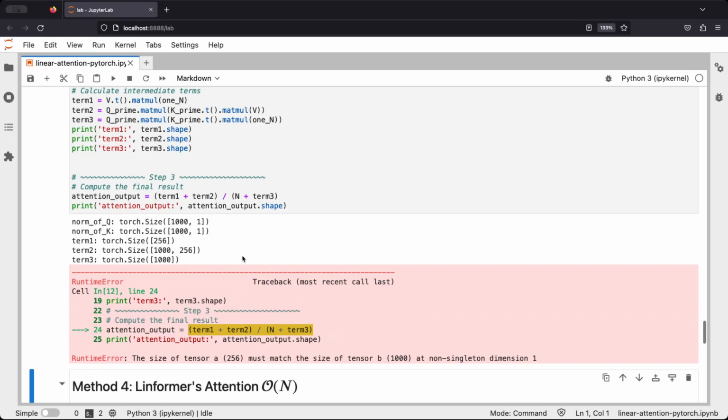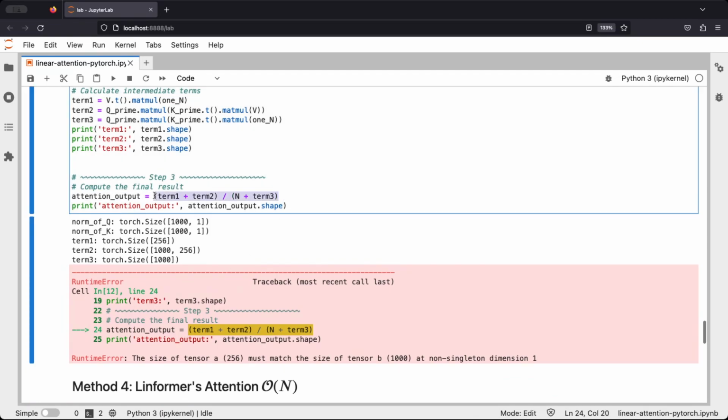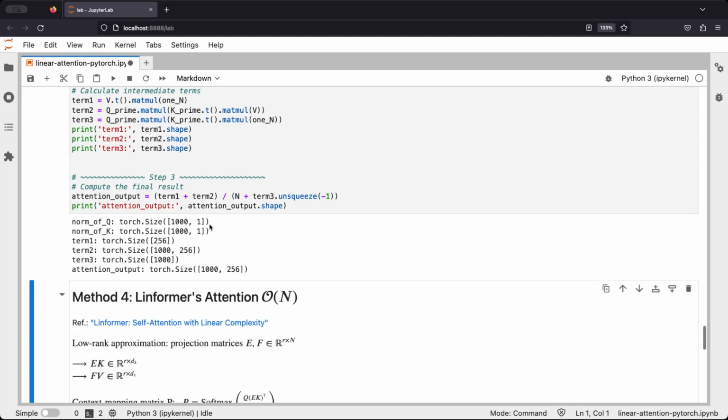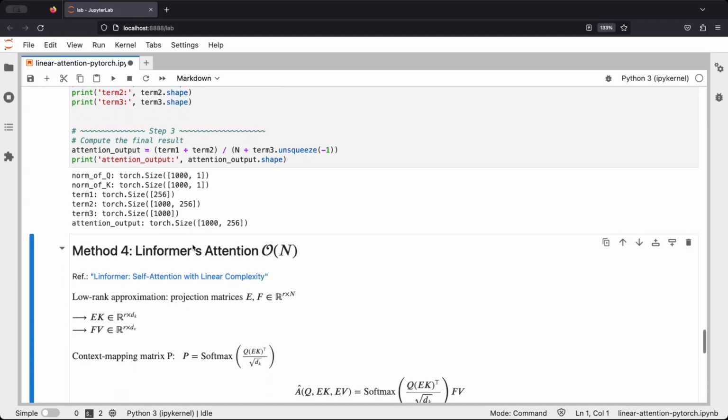But this division did not succeed because of this dimensionality mismatch. So all we have to do is add one dimension from the right side of this term 3. So we can say unsqueeze -1. And let's run that again, and yes, that works.